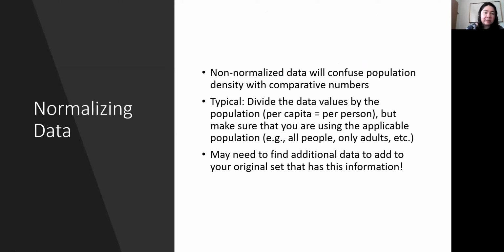So usually how this is done is dividing the data values by the population. So if we're going back to the COVID shot type thing, if what you want to know is how many shots a state has given out, regardless of the number of people in it, you wouldn't need to do this.